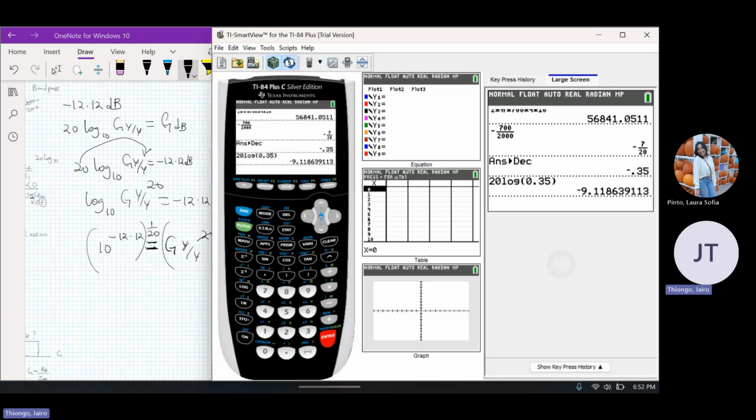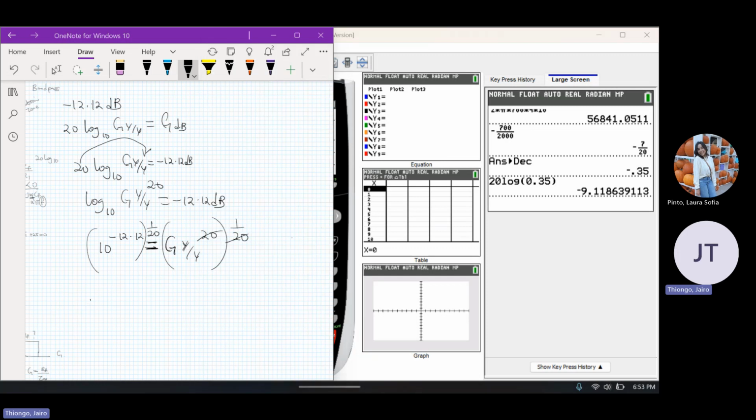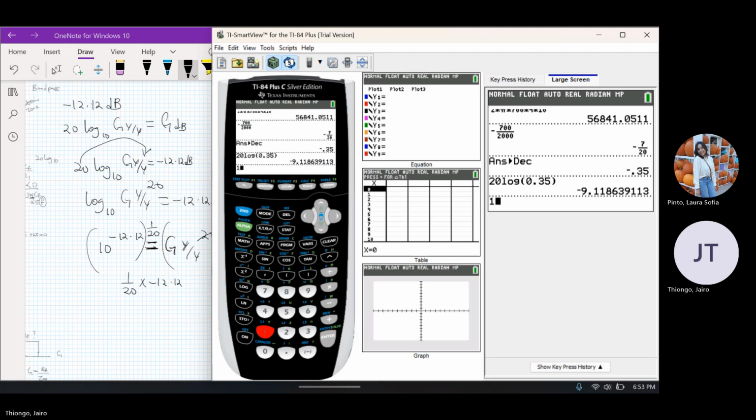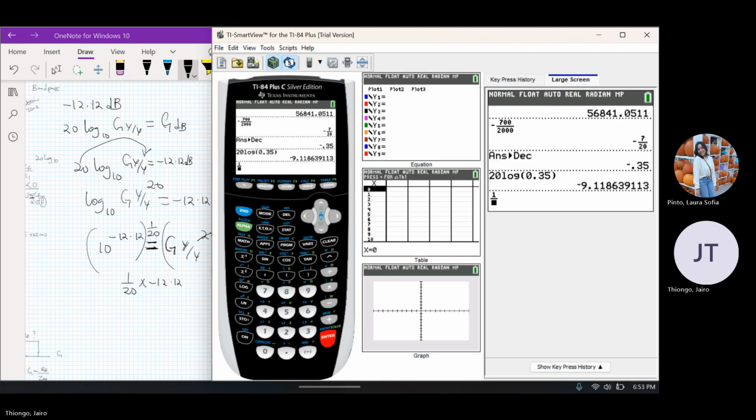So plugging this into the calculator. With this math, where you have m to the a to the b, you just multiply a times b. So you just do 1/20 times minus 12.12.